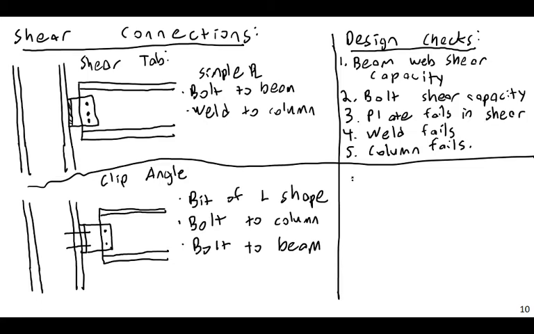Same thing here, this kind of thing. What could happen? One, the beam could fail in shear, the beam shear capacity. Two, the bolt capacity, bolts in the beam, and this would be a shear failure. Three, the angle shear capacity.